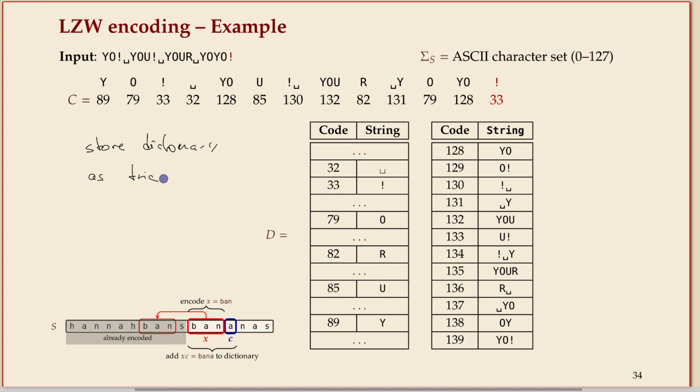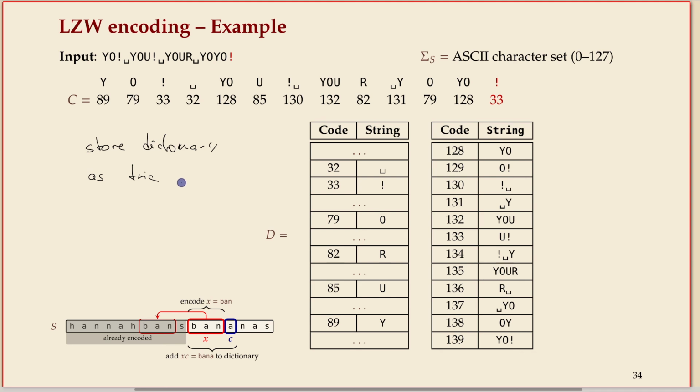Now we'll have to modify our notion of trie because we essentially have not prefix-free sets of strings here. Indeed, all the longer strings by definition have a prefix that's already in the dictionary. And so we have to use an extended version of the trie where we allow values in the internal nodes.